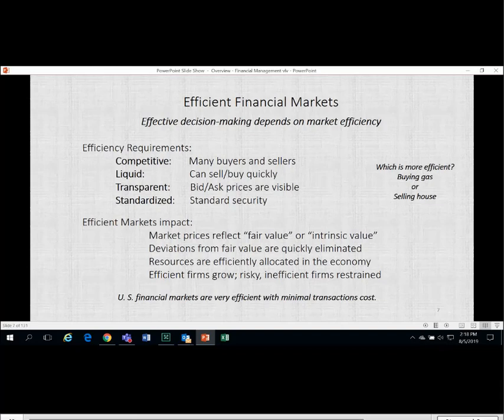Now, these are all kind of abstract concepts, so let's think of efficiency in terms of an everyday market. Let's look at it in terms of buying gas for your car. Is it competitive? Well, there are many buyers. Everyone that owns a car is buying gas. And are there sellers? Well, if you live in an urban area, there are probably many intersections where there are 2 and maybe 3 gas stations on each corner. So yes, there are many buyers and sellers.